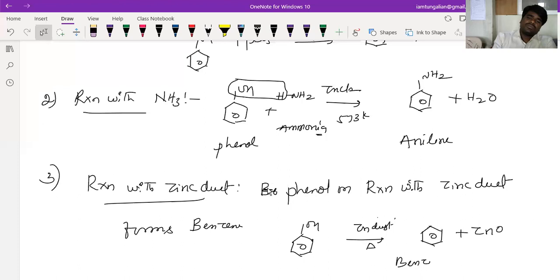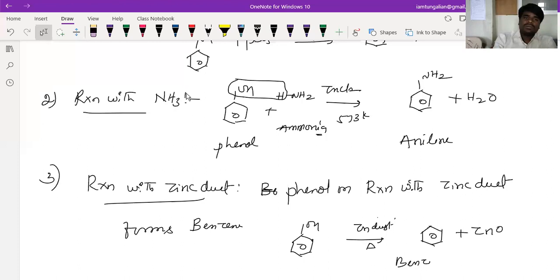Second, we can say reaction with ammonia, NH3. It is something like this: NH2, so it leads to aniline. This is your aniline, this is your phenol.